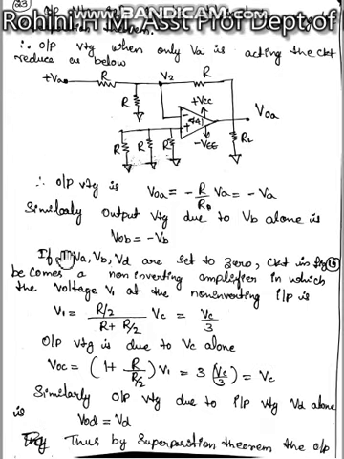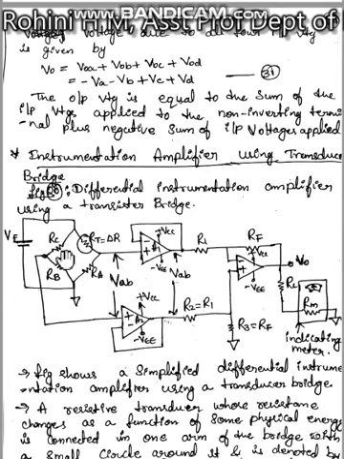Next comes the output voltage equation for the instrumentation amplifier using a transducer. This diagram is about the instrumentation amplifier using a transducer. This is the circuit, and here we are using three op-amp circuits.